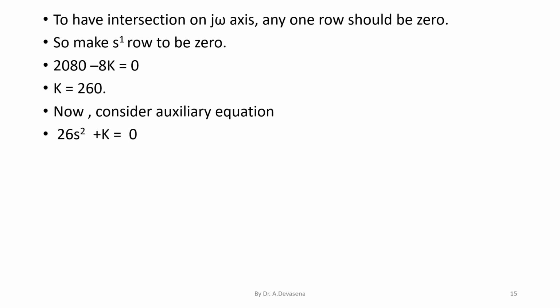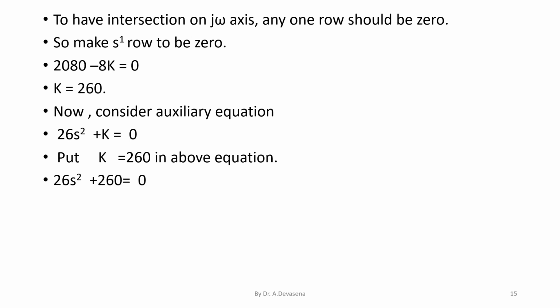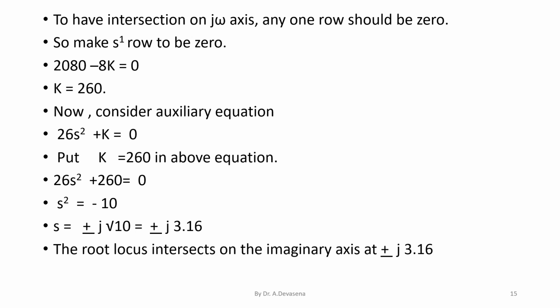Substituting the value of k, we get 26s square plus 260 is equal to 0. If we simplify, s square is equal to minus 10. That is, s is equal to plus or minus j root 10, that is plus or minus j 3.16. The root locus intersects the imaginary axis at plus or minus j 3.16.